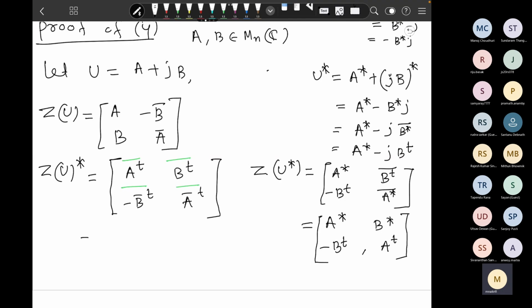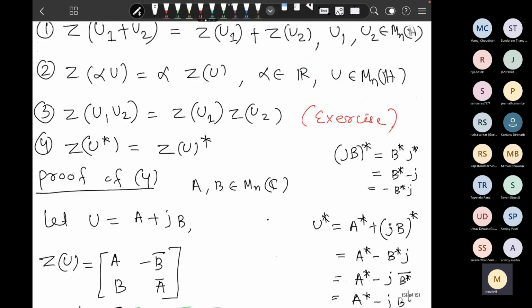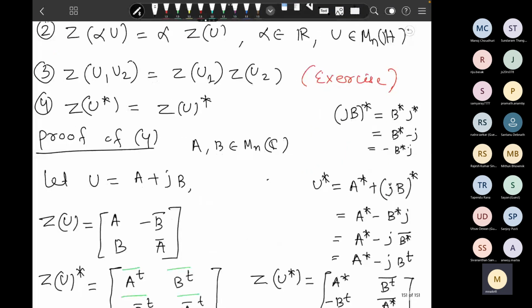If I take the bar, the first one will be A star, the second is B star, and the bars will cancel out, minus B transpose, the B transpose, A transpose. Okay. Look at these two things: these are the same. So Z of U star is equal to ZU star. So this is the proper proof of 4. These 4 properties are very important properties of this thing.